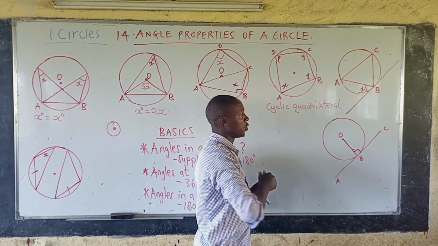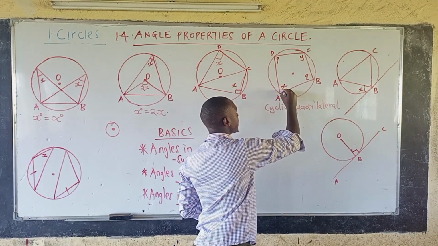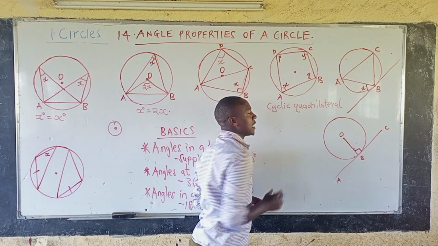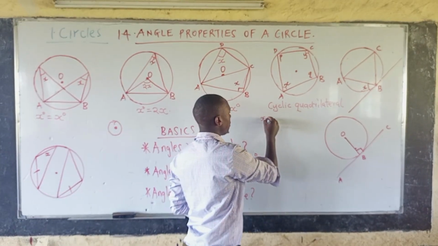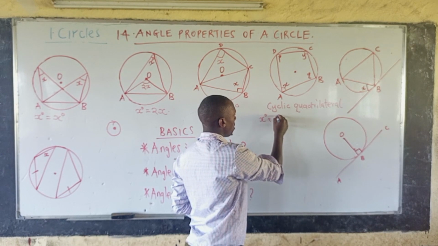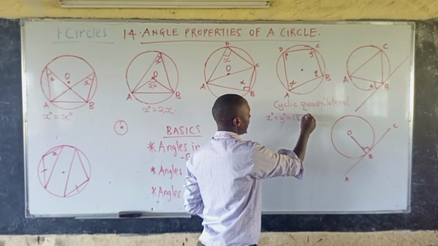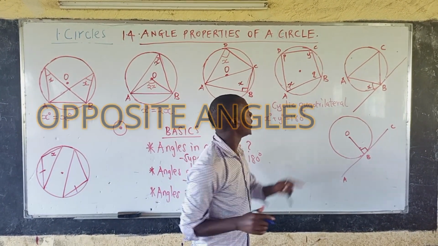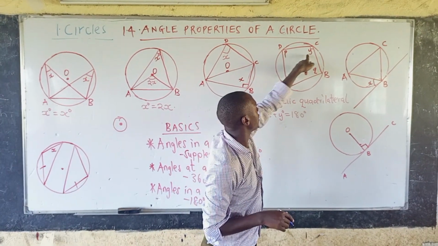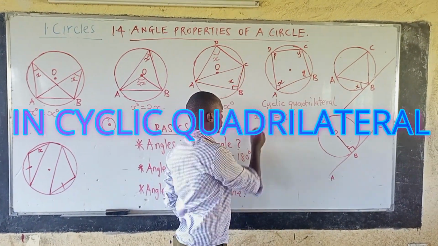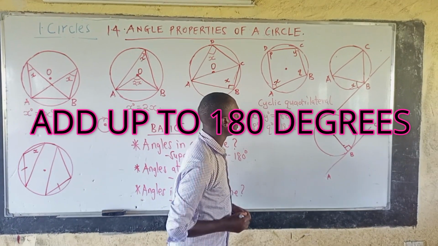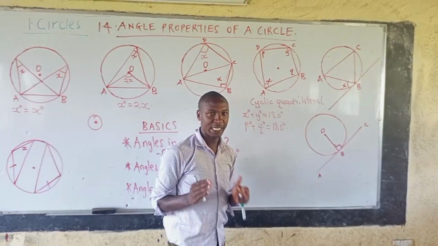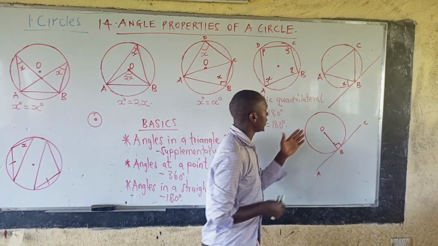The opposite angles, for example x and y, are supplementary. It means x and y must add up to 180 degrees. And if x and y are opposite, it means p and q also add up to 180 degrees. This property is known as cyclic quadrilateral.